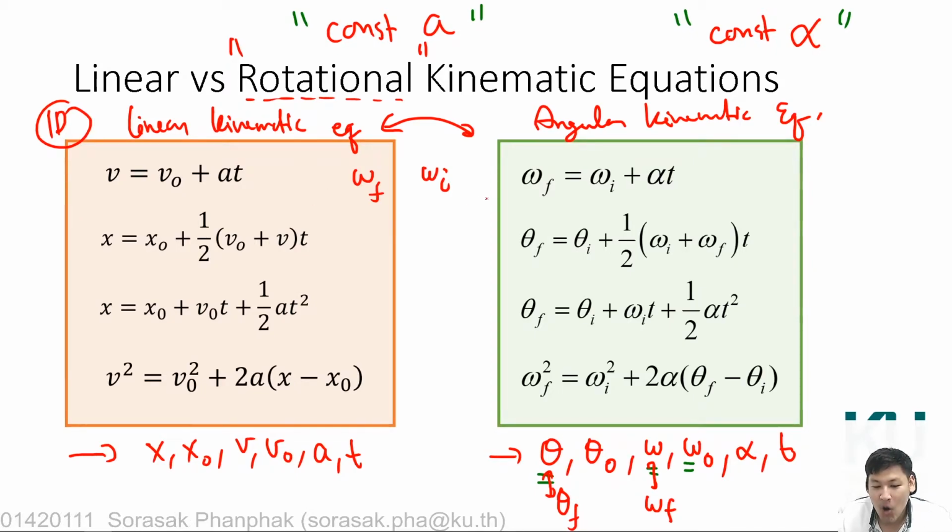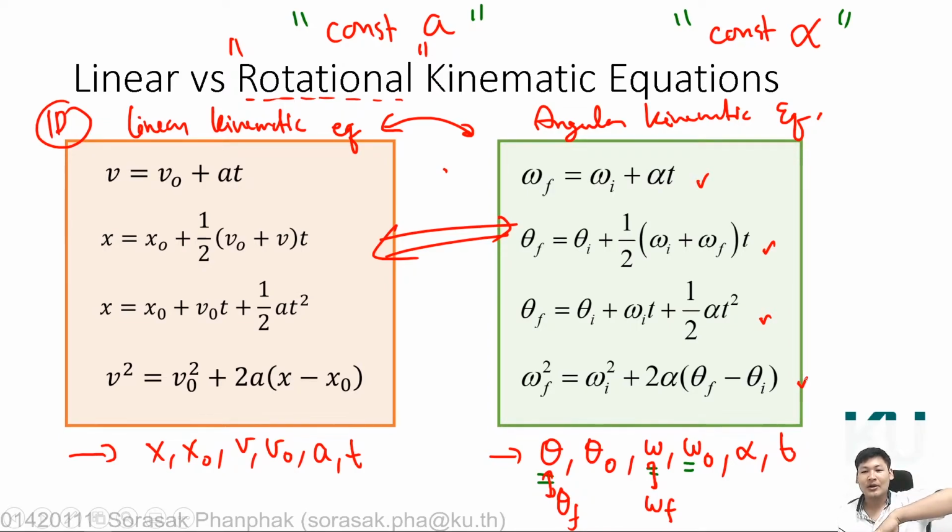So now, from all these relations, you have another set of angular kinematics equations. We will use this knowledge to solve problems and make predictions or explanations about the behavior of a particle that rotates or changes in terms of angular motion.